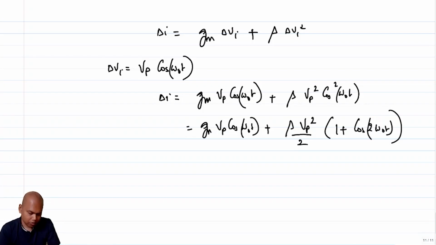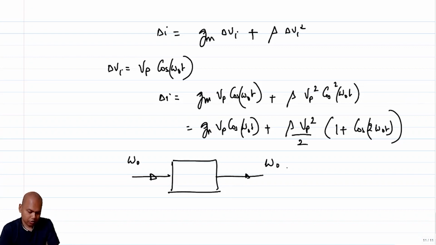So now note that you had a system where the input is at a frequency ω0. What do you get at the output? At the output you get ω0, but on top of that you get two extra things. You get a DC term and you get a term at 2ω0, right?